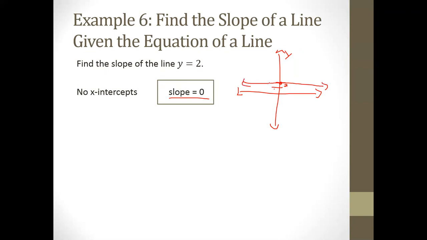Our slope is 0. The slope of any horizontal line is 0. The slope of any vertical line is undefined. You want to have that in your notes.